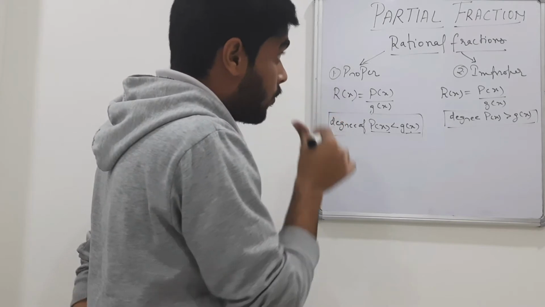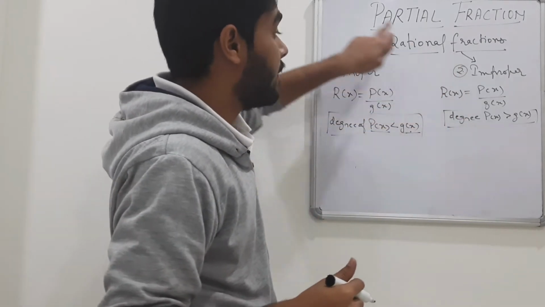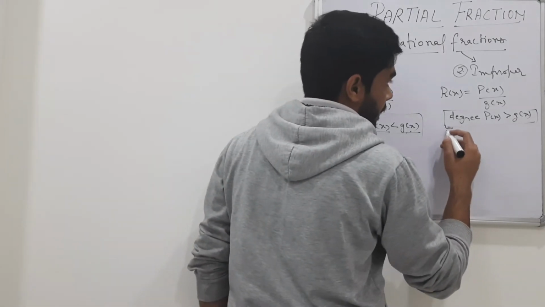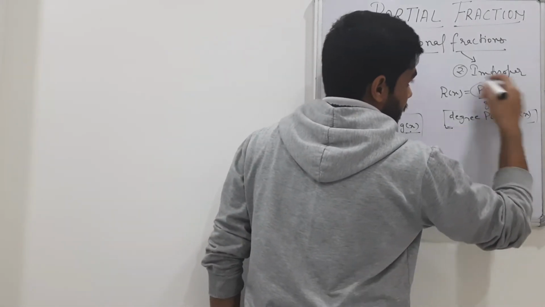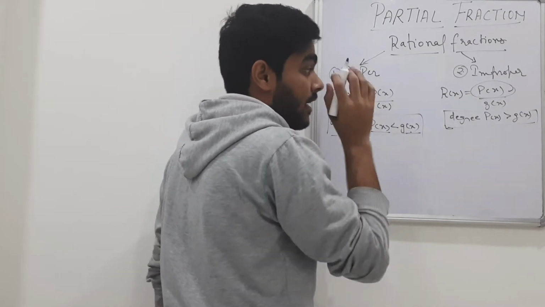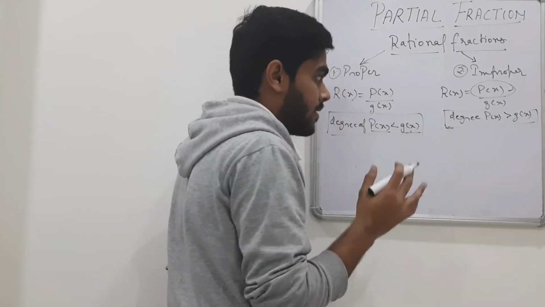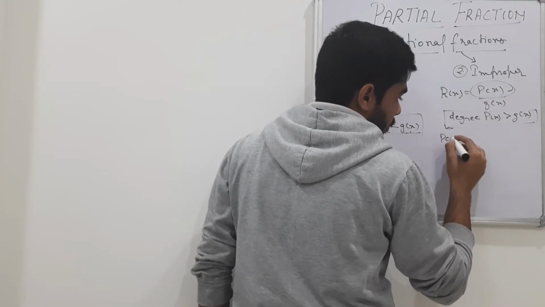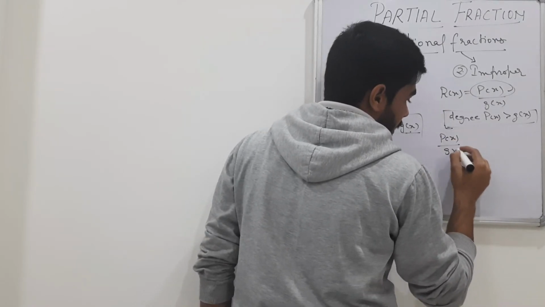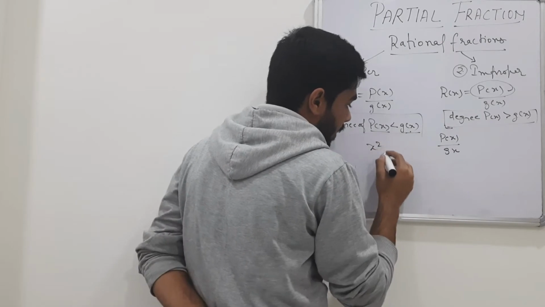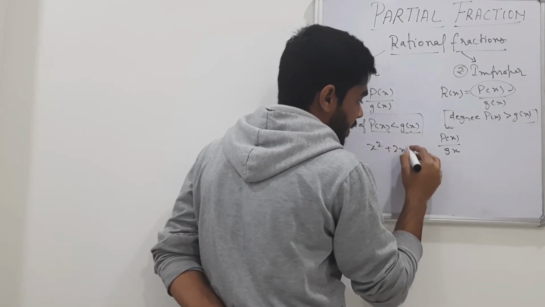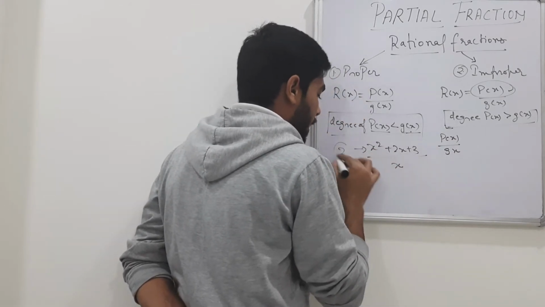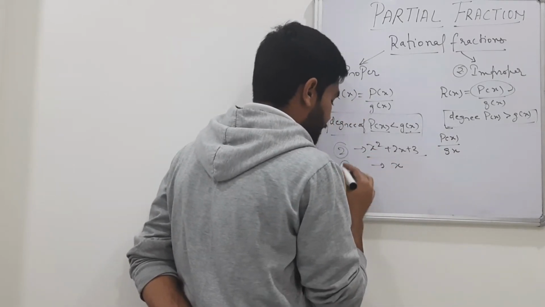So for solving this with partial fractions, firstly we have to divide px until the degree of the remainder is less than gx. I will tell you, that is px upon gx like this. So if there is x square plus 2x plus 3 upon x, here the degree of this is 2 and the degree of this is 1.